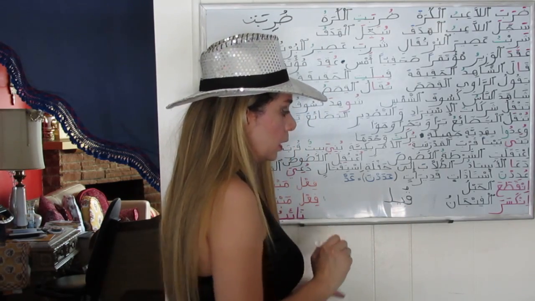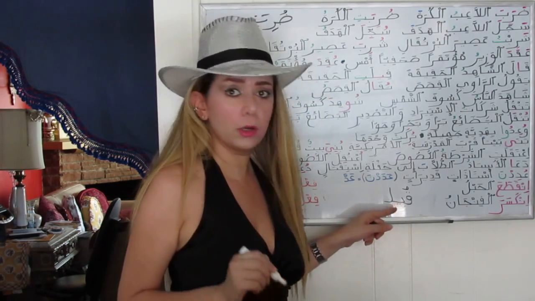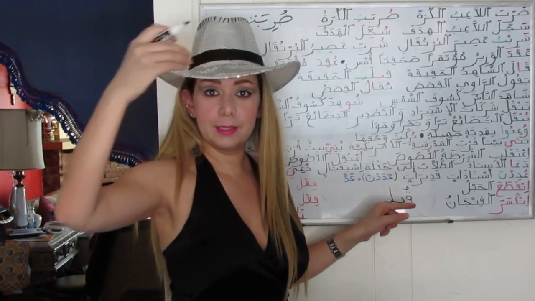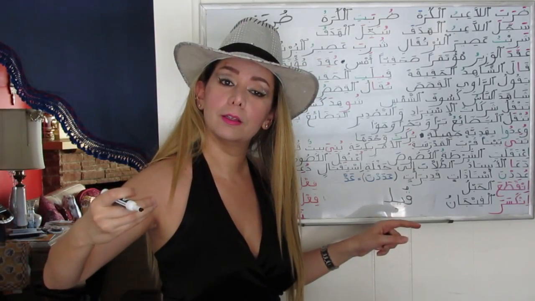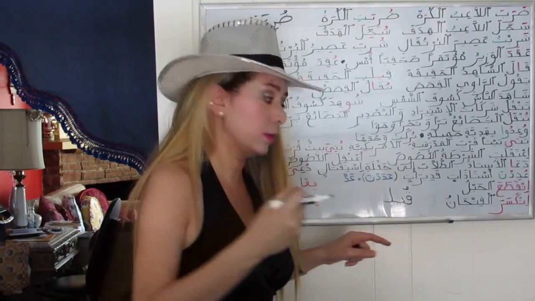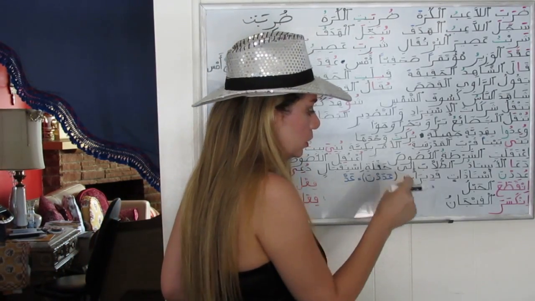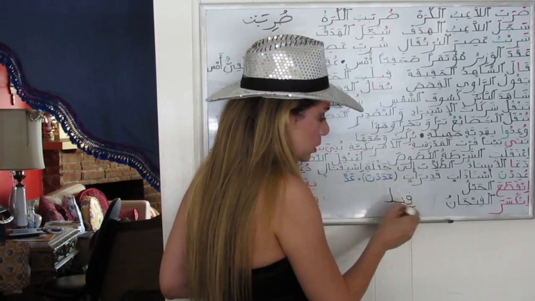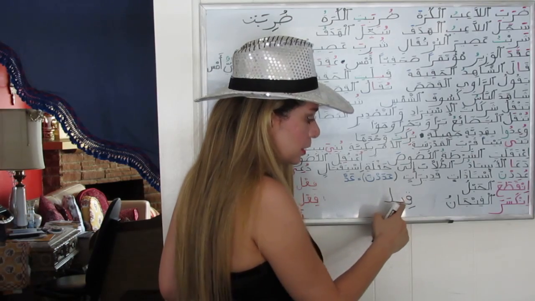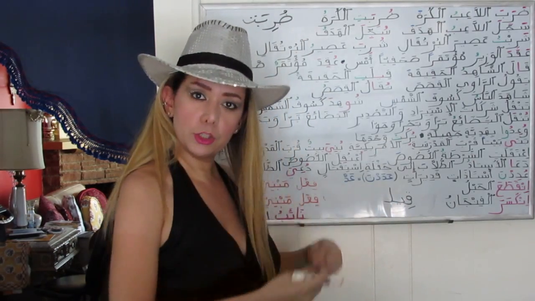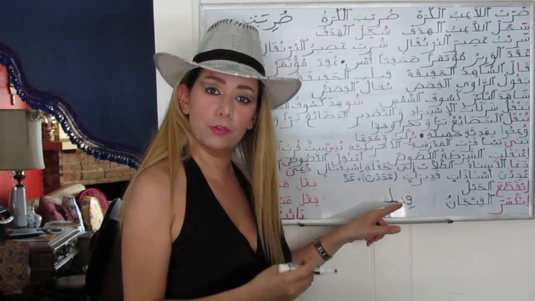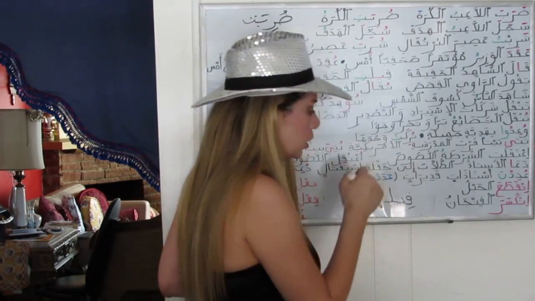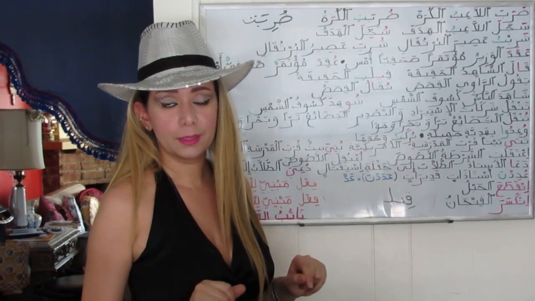And since this is a long vowel, its preceding consonant has to take the kasra, to match the long vowel. So we get rid of the damma and put kasra. Since this is a long vowel, we don't need another kasra here. So say qila.